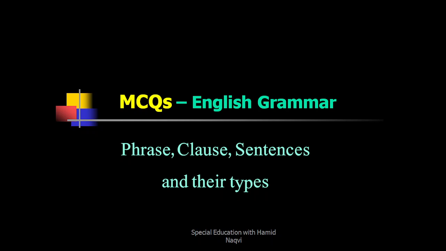Hopefully that was useful to you, and today we are going to have practice relating to another important topic, that is, what is a phrase, what is a clause, what are sentences, and what are their types. So let's start.